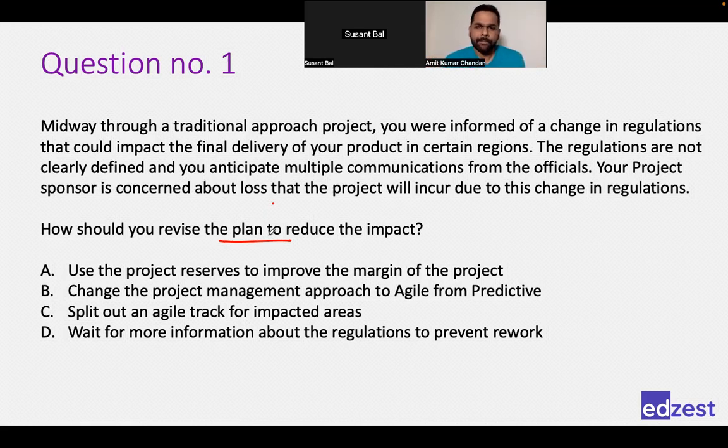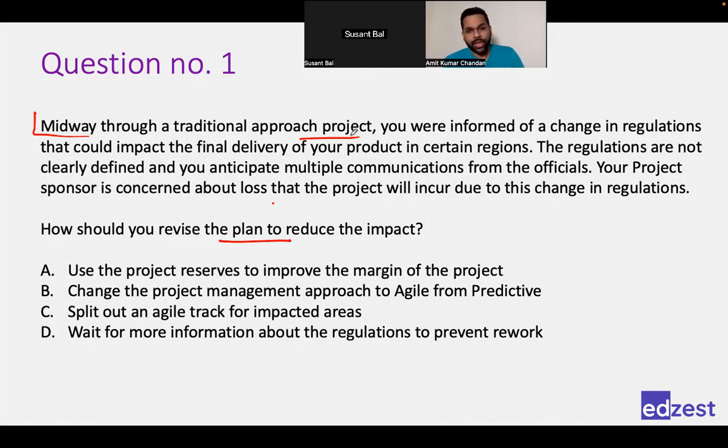So my second question is, this risk was not identified during the planning phase. Correct. It is happening during the execution phase. Midway through the project, yes. So you mean to say that the risk response, risk register, risk management plan would be continuously updated throughout the project life cycle? Absolutely.